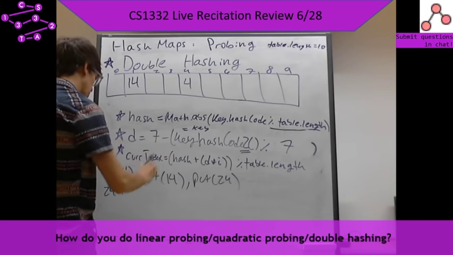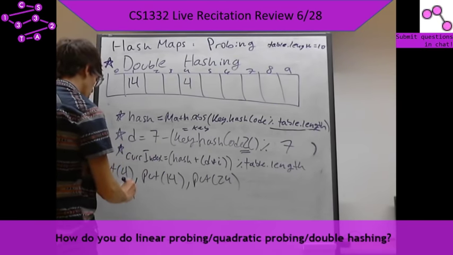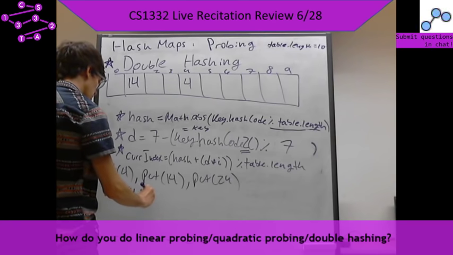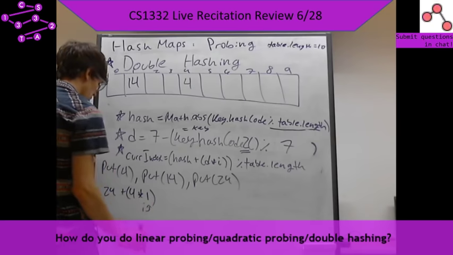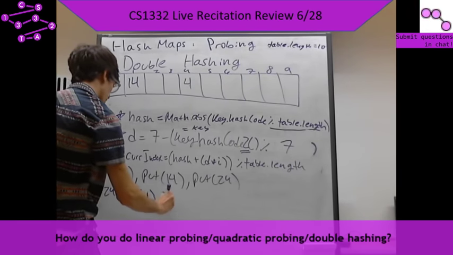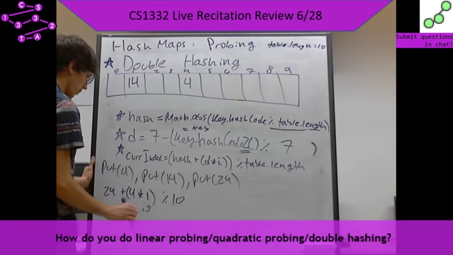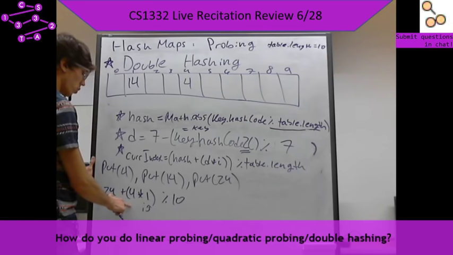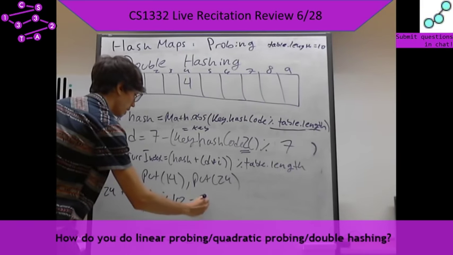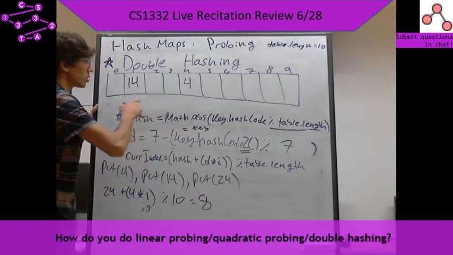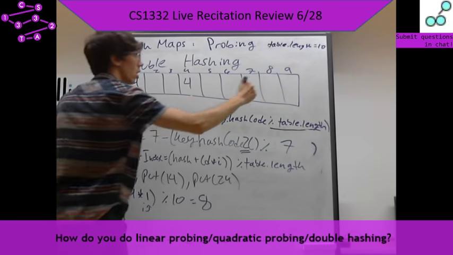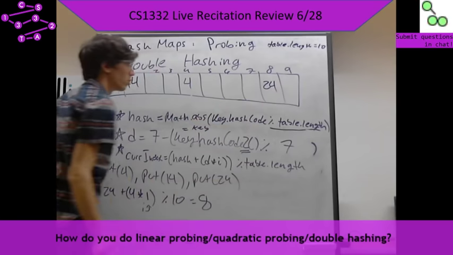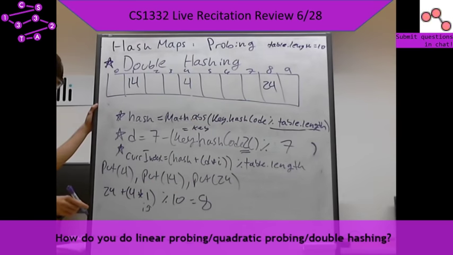So 7 minus 3 is going to be 4 times I in this case is 1. Right? And then we're going to mod this by our table length, which is 10. So 24 plus 4 is 28. Mod 10 is going to be 8, right? So initially we tried to place 24 here. Our double hashing function resolved our collision in one step, and we put it all the way there.